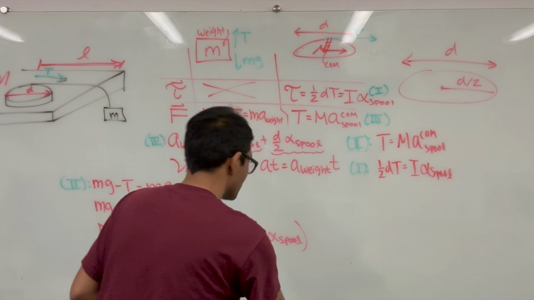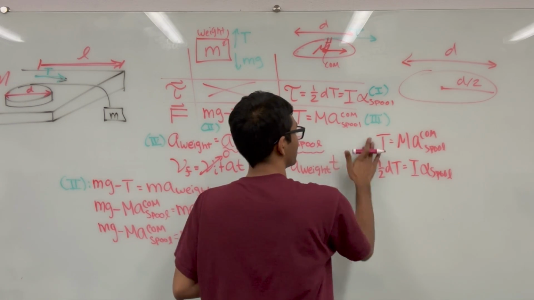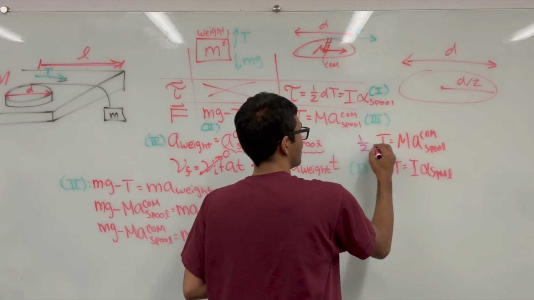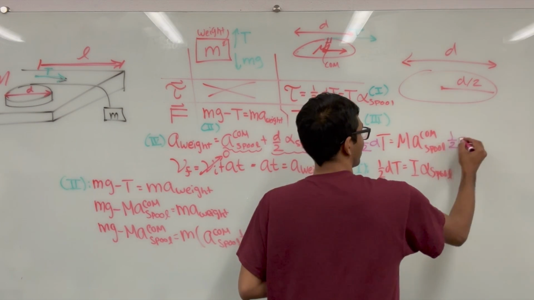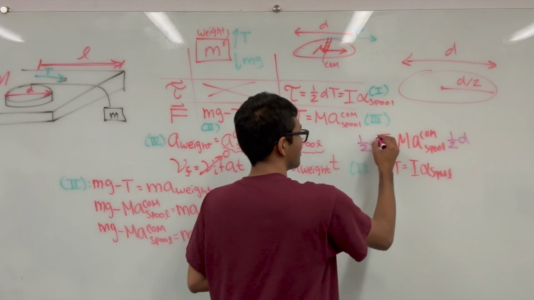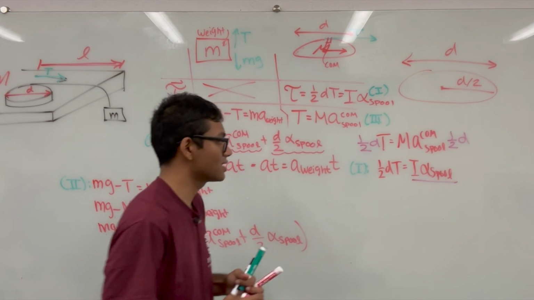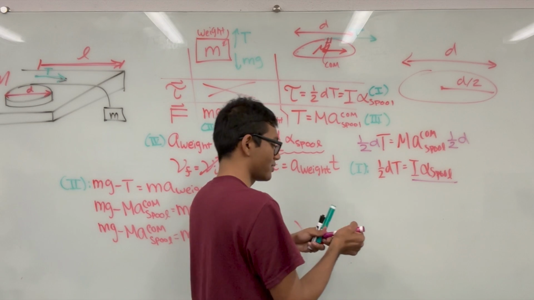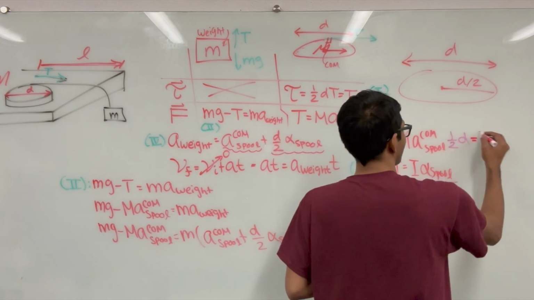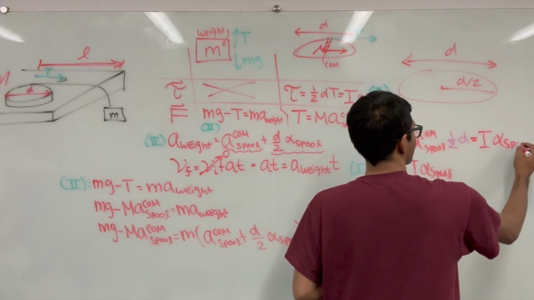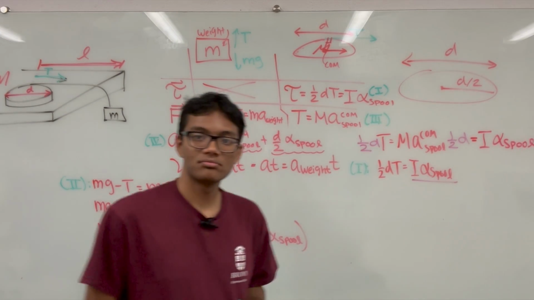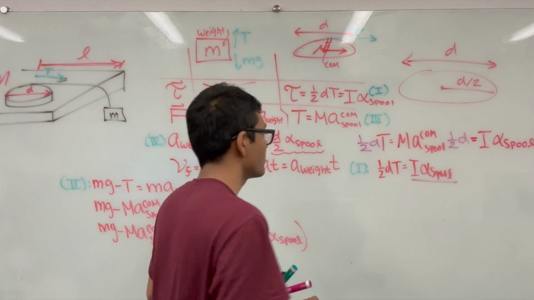So if I multiply both sides here by 1/2 d, this should be the same as equation 1. And equation 1 is equal to the moment of inertia times alpha, the angular acceleration of the spool. So this should equal the moment of inertia times angular acceleration of the spool. No harm, no foul.